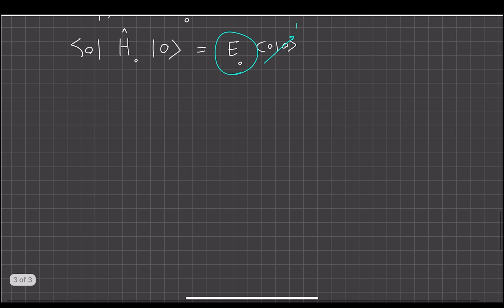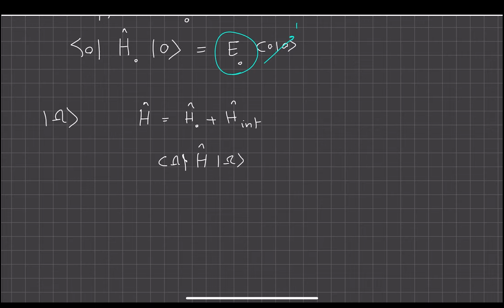So systematically, the state omega is the eigenstate of the total Hamiltonian. If H is equal to H0 plus H interaction, then H acting on omega should be equal to E0 prime times omega.